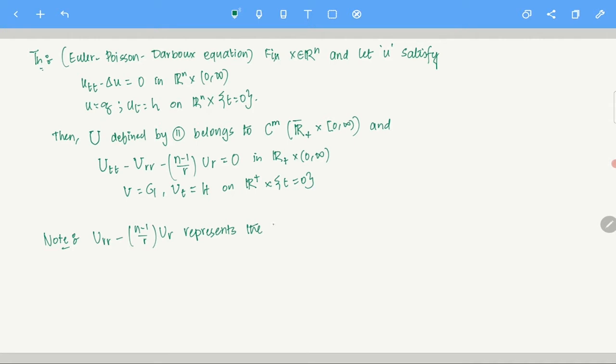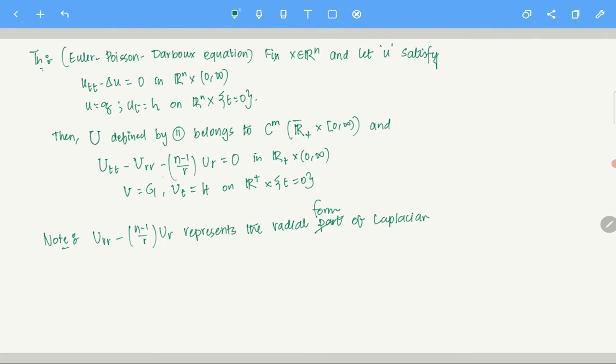It represents the radial form of the Laplacian. Okay, if you remember the Laplace equation, when we studied the fundamental solution, what did we do? We were trying to look for a radial function that satisfies the equation, and then we got something like this. Clear? So it is that part.